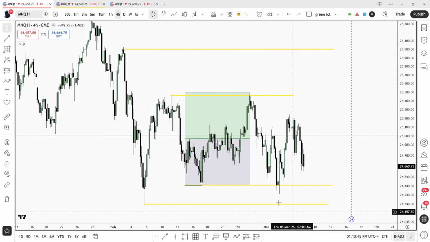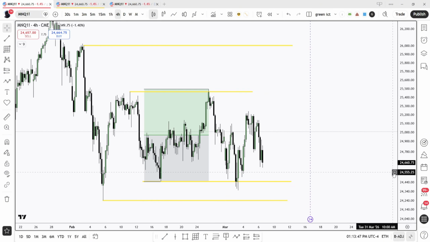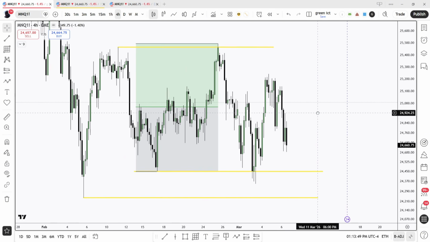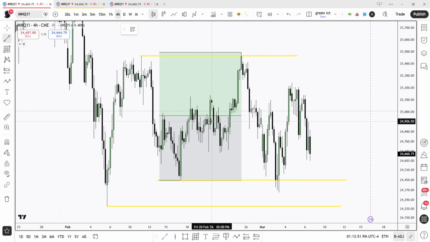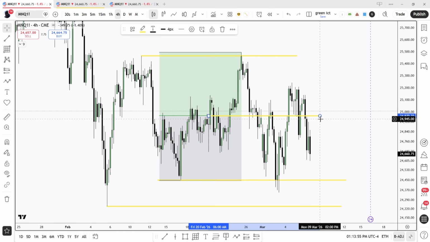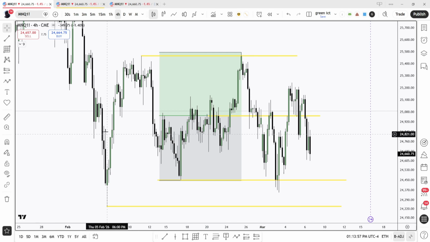But these are best case scenario targets. Usually when you are looking for sells or buys towards that mean, remember that midpoint, that is going to be the target. The best case scenario is that we have good delivery and price plays out toward even beyond that, but you're not always going to get beautiful price action.